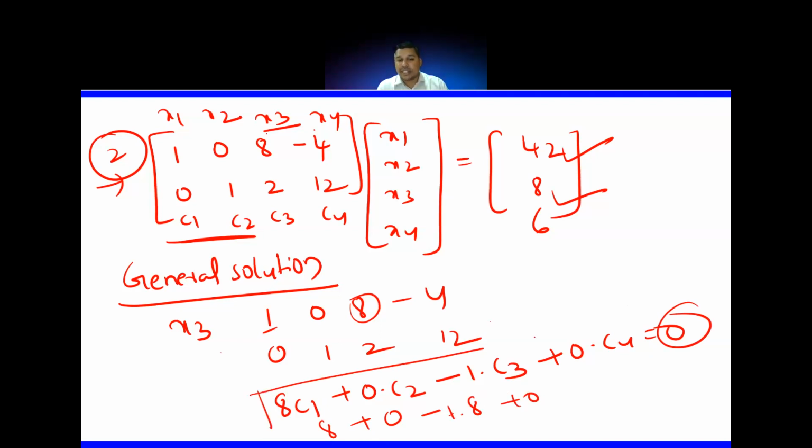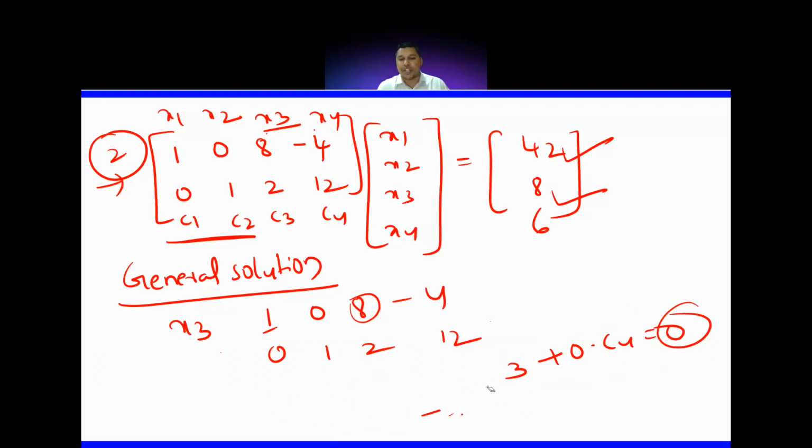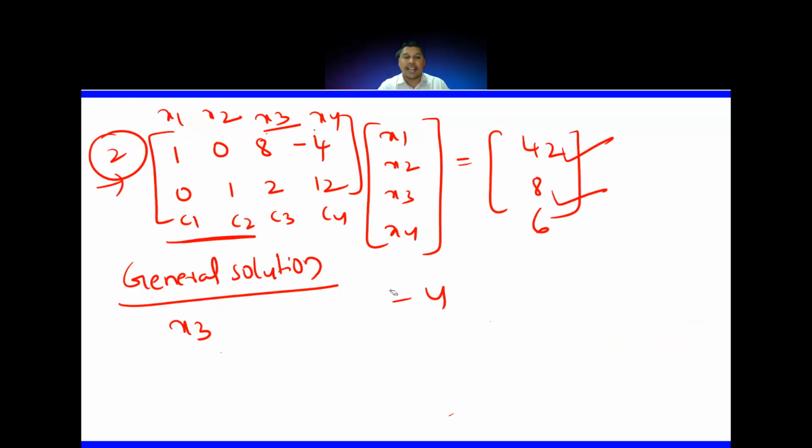So by writing this way, I am able to make the element in column 3 as 0. I am doing column operations, the reverse of Gaussian elimination.